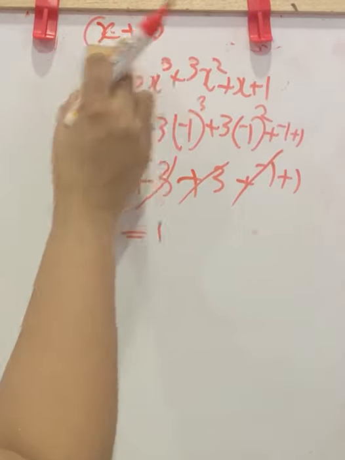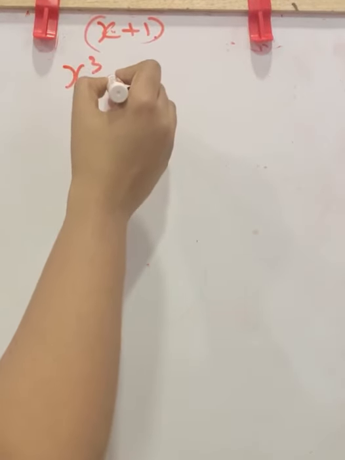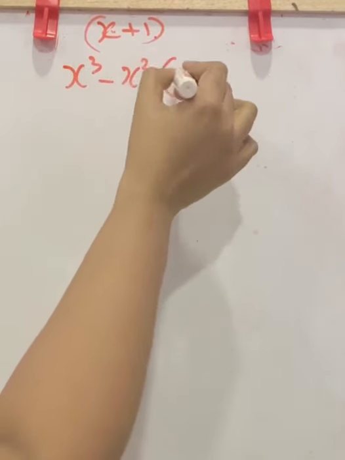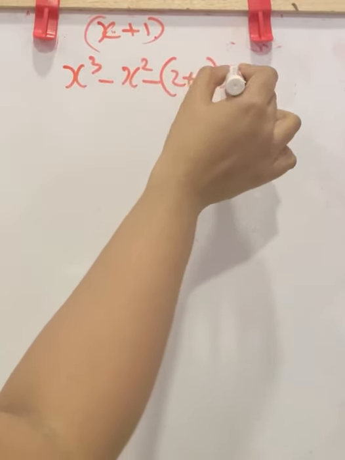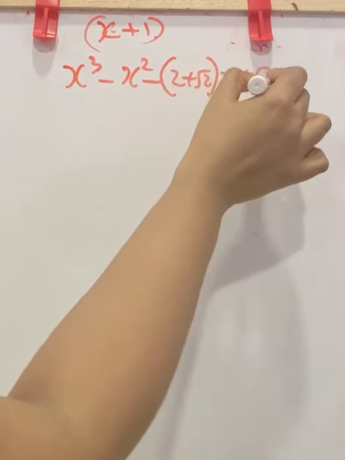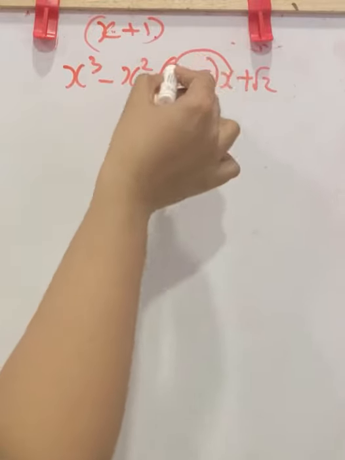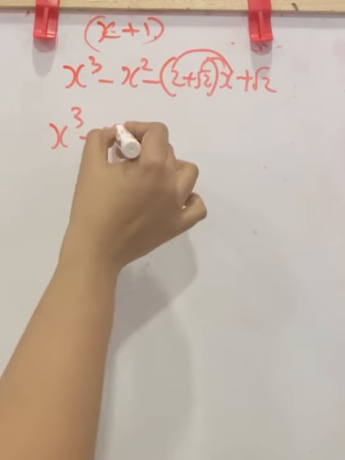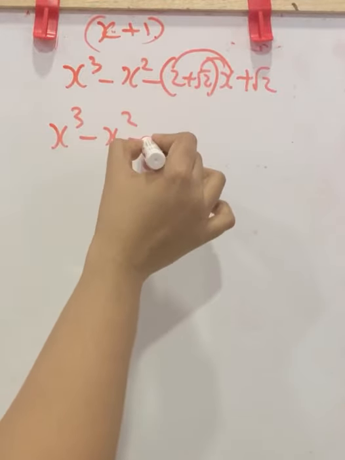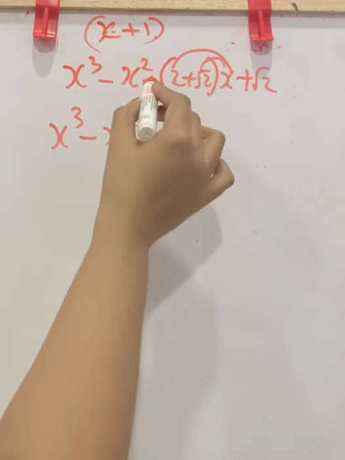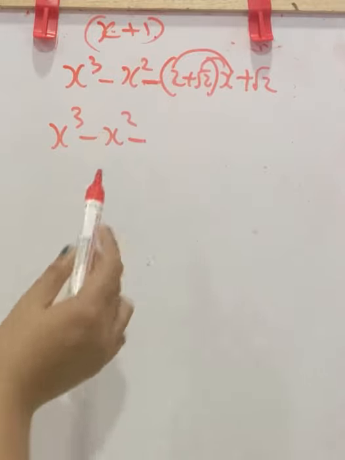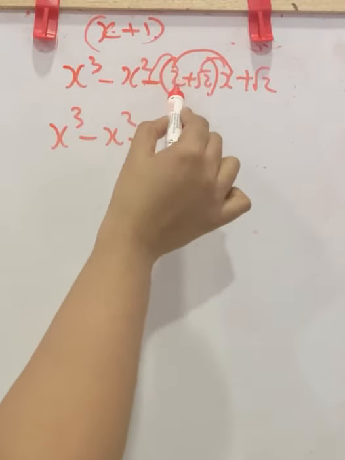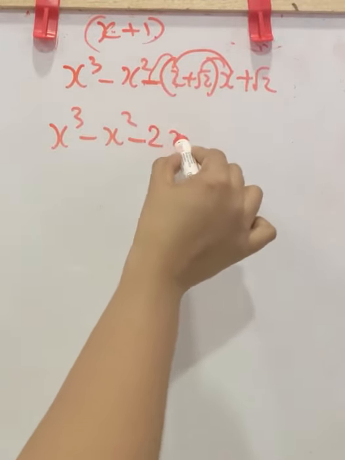And the next one. X cube minus x square minus 2 plus root 2 into x plus root 2. Let us first open this bracket, that is, distribute this x cube minus x square minus 2 into x's. That is, we need to open this with the negative also. Minus 2 into x is minus 2x.